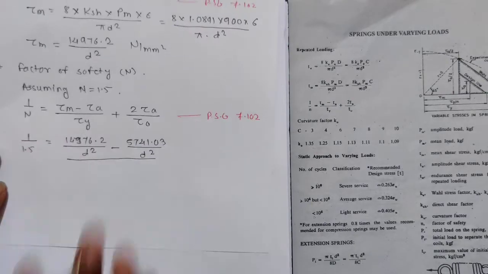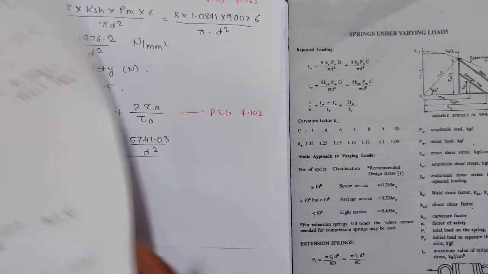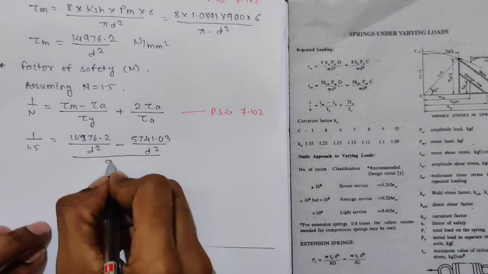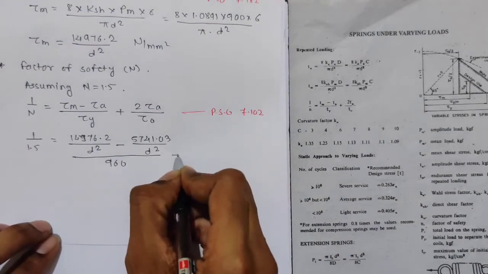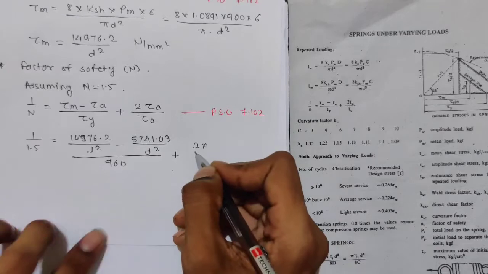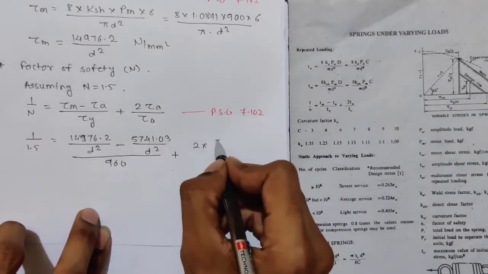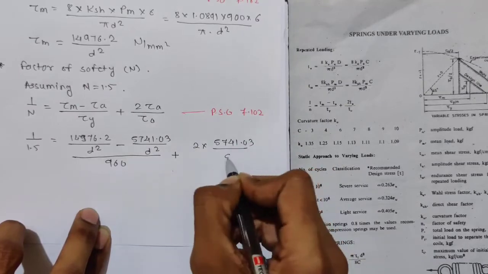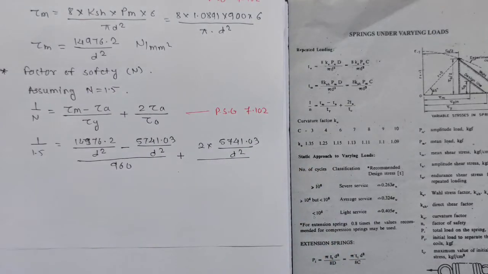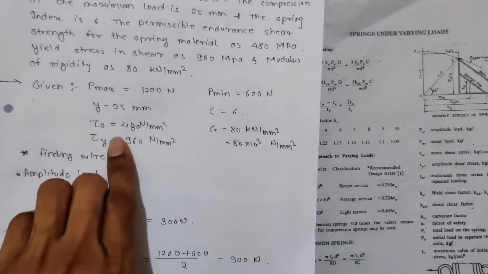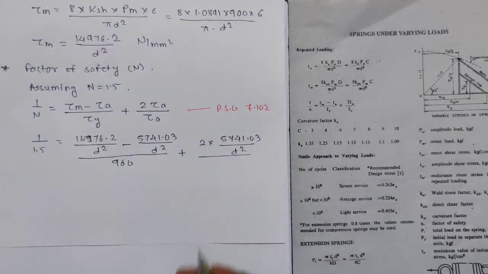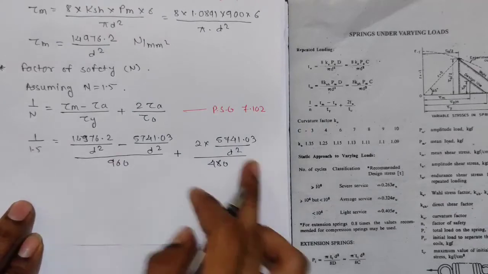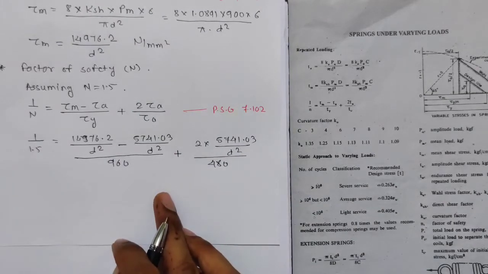Tau y value, we know the tau y value, it is 960. So it is 960 plus 2 into, what is tau a now? Tau a is this 4710.3 upon d square. Tau 0 value, we have seen the tau 0 value, it is nothing but 480. Okay, now put this equation in the calculator and find the answer.